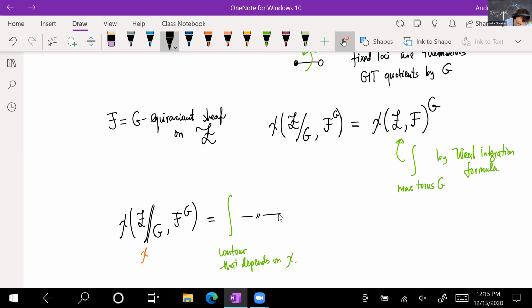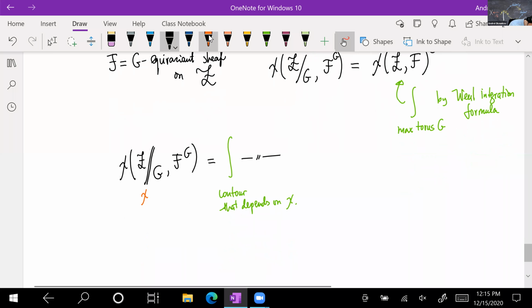And why is that? It is because by definition, this is analytically continued.